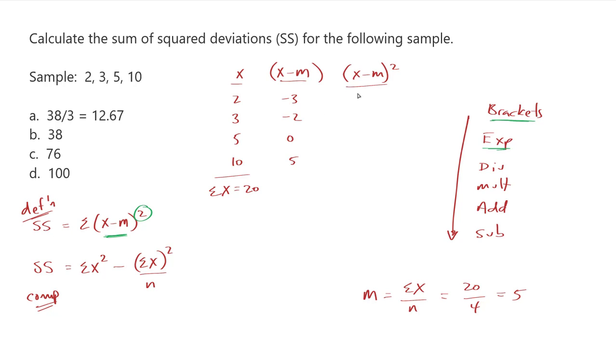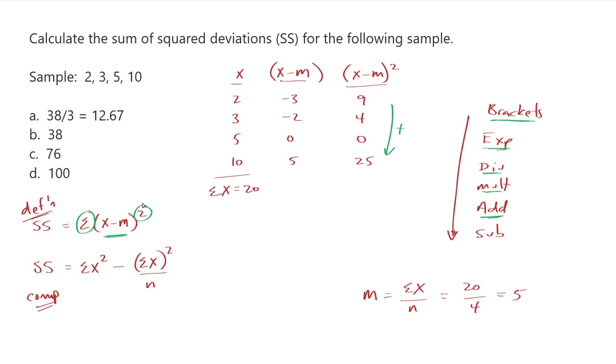Negative 3 squared is 9, negative 2 squared is 4, 0 squared is 0, and 5 squared is 25. All right, so now I've taken care of the exponents. There is no division, there's no multiplication, but there is addition. The summation sign means I have to add up all of my results.